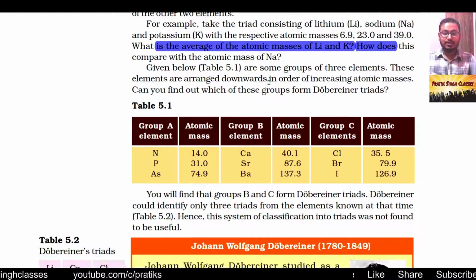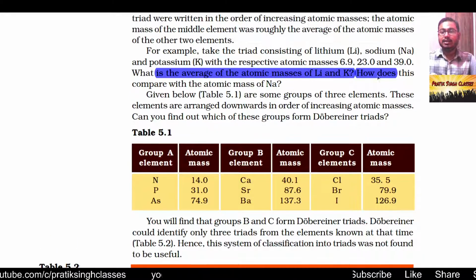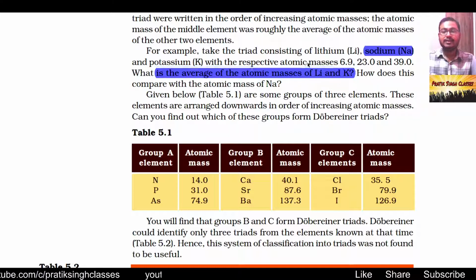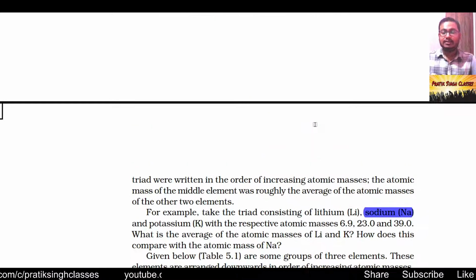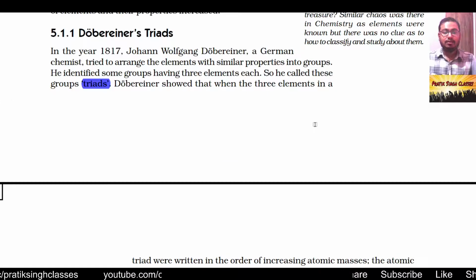As given in Table 5.1, with some other elements as well, you can find that the mass of sodium is approximately the average of the masses of lithium and potassium. So lithium, sodium and potassium are called a triad, and this theory was given by Döbereiner.